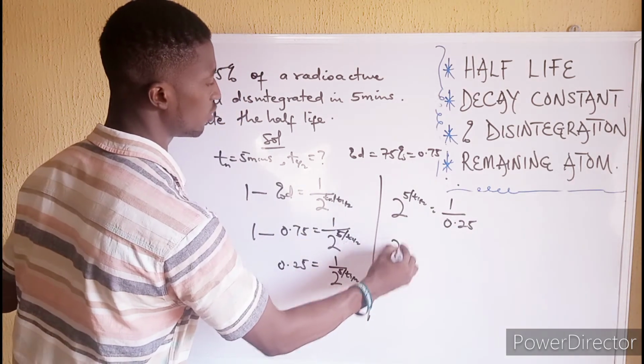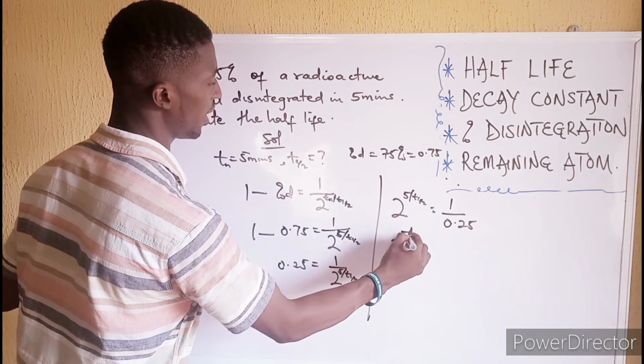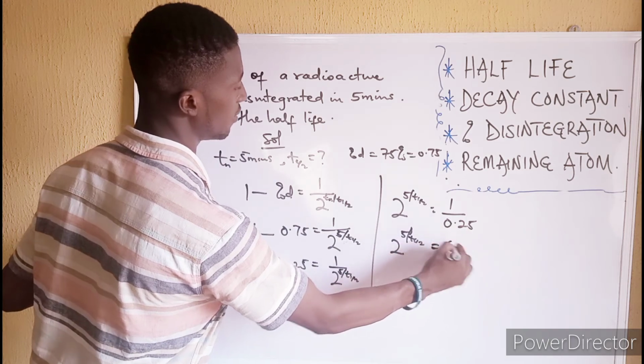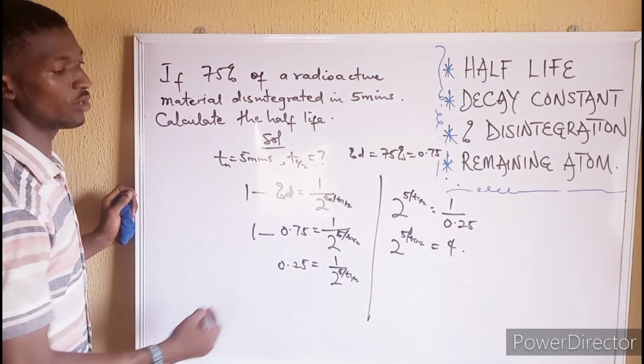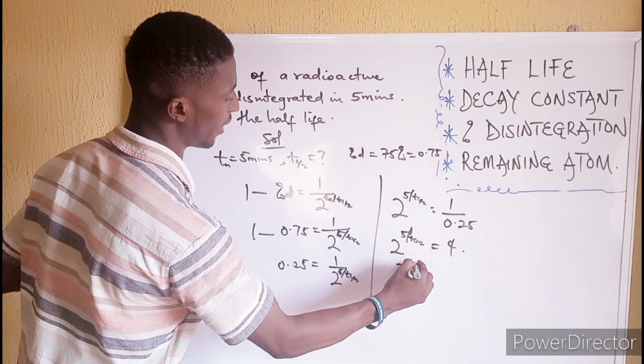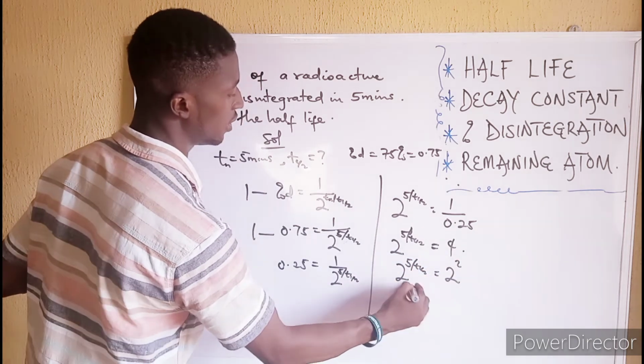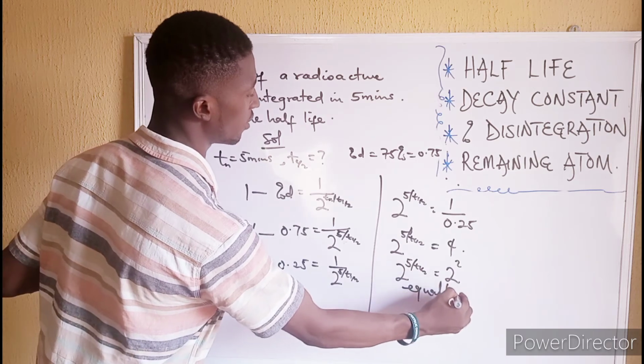In this case, 2 raised to power 5 divided by our half-life is equal to 4. Since it is 4, 2 raised to power 5 divided by the half-life is equal to 2 raised to power 2. Here we also have equal base.